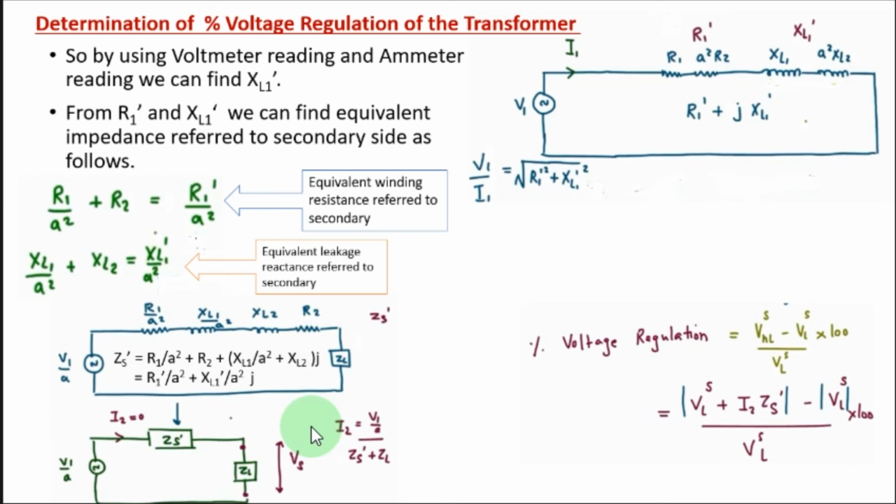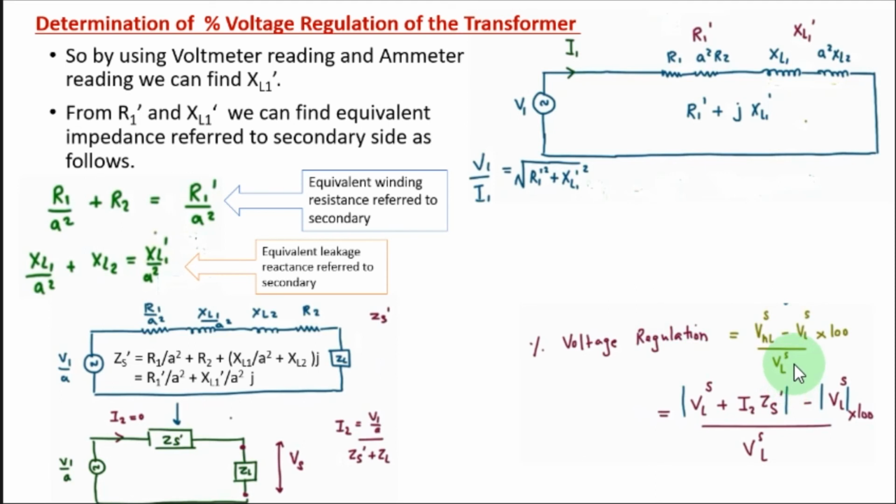In that case, the voltage regulation is defined as V no load at the secondary minus V load at the secondary, divided by V load at the secondary.